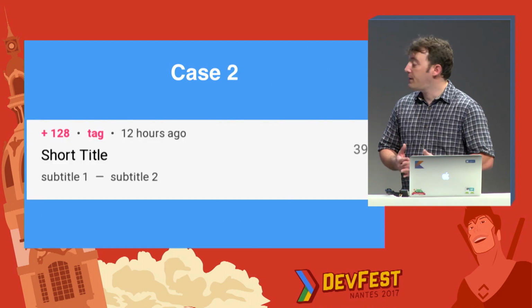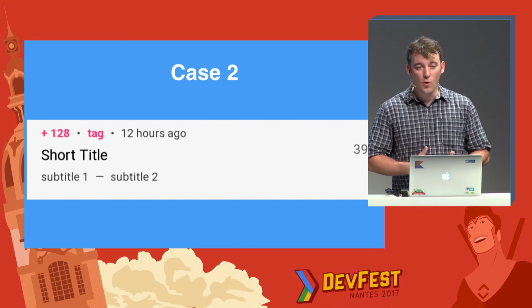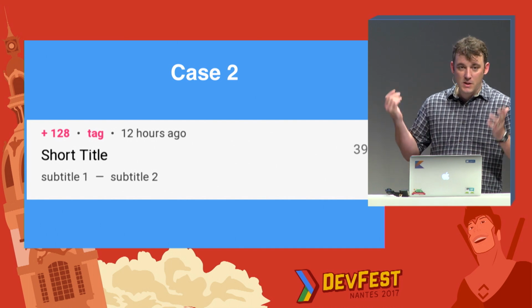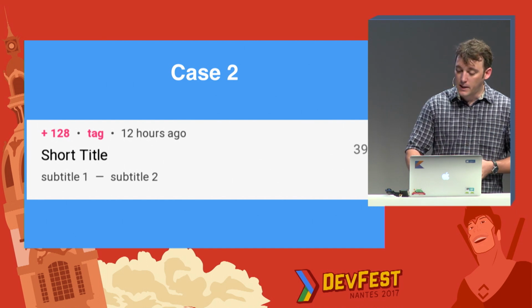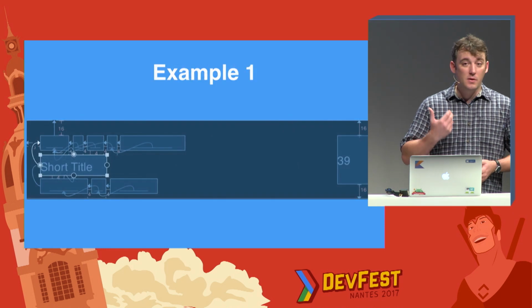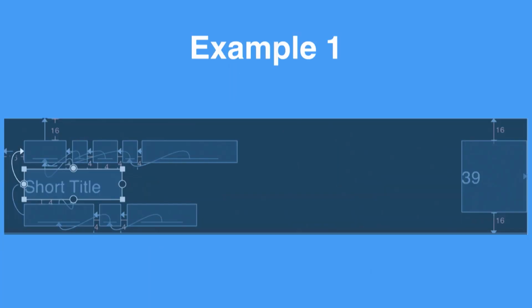Another example of things that are common to get wrong or not think about with constraint layout: imagine this row layout. Pretty straightforward. This is what I would do for the constraints. We could do it differently for the text views at the bottom and at the top.